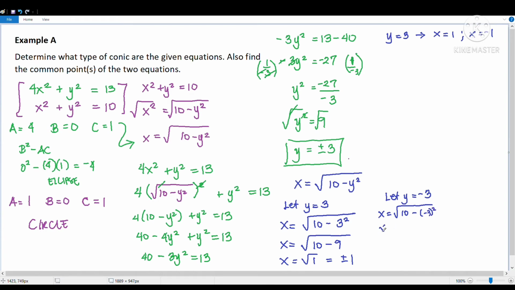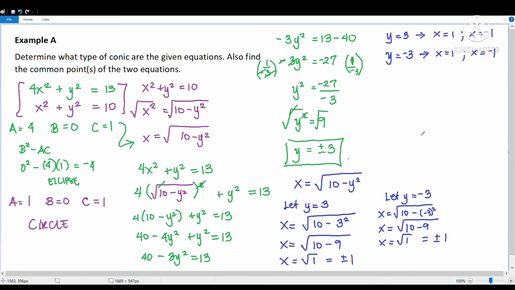Therefore, we have x is equal to the square root of 10 minus 9, since negative 3 squared is equal to 9. And x is equal to the square root of 1. Therefore, I also have two values of x when I substituted the value of negative 3, which are positive and negative 1. Therefore, if y is equal to negative 3, then I also have two values of x: x is equal to 1 and x is equal to negative 1.